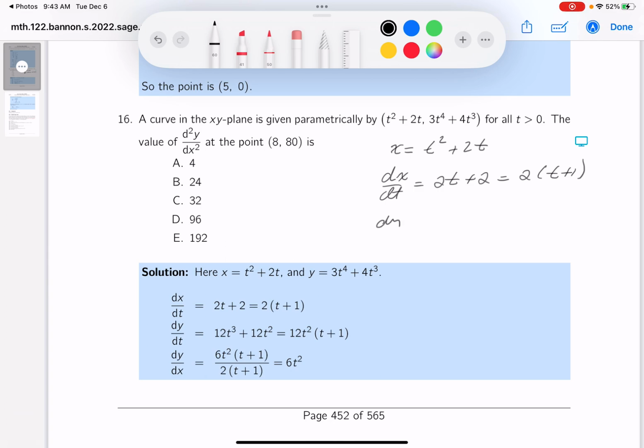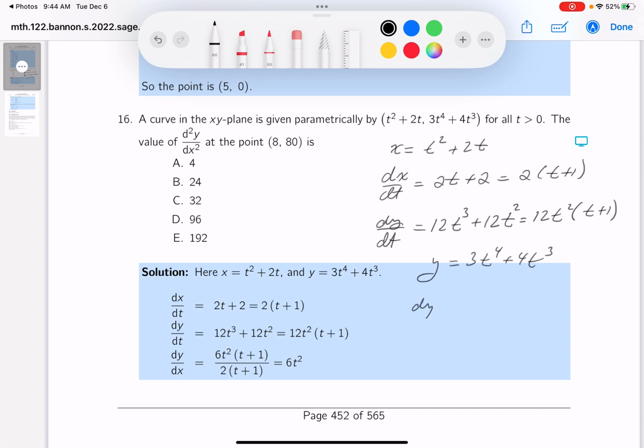Let's do dy/dt with the understanding that y is equal to 3t^4 plus 4t cubed. What do you get there? You get 12t cubed plus 12t squared. Well, I'm going to put down 12t squared times (t plus 1).